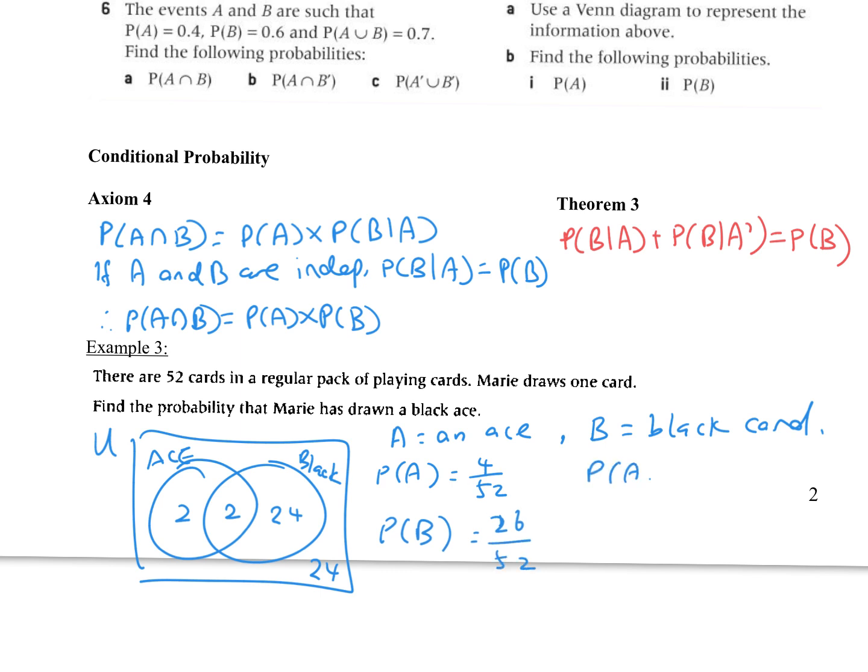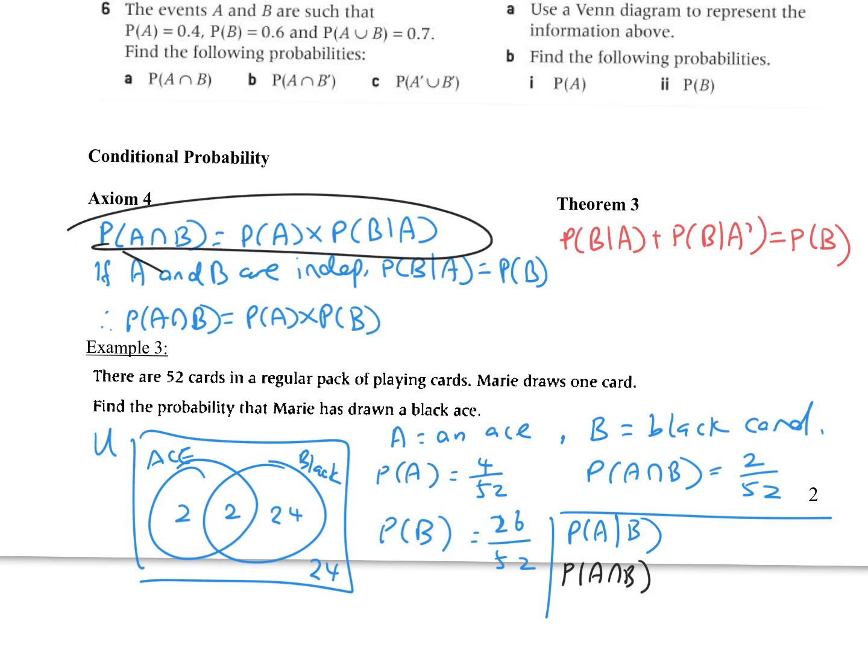Probability of A intersecting with B will be equal to 2 out of 52. And probability of A given B, if we use the formula, let's first look at this. If I use the formula, it's actually P(A intersecting with B).